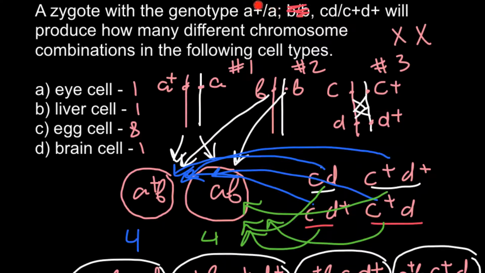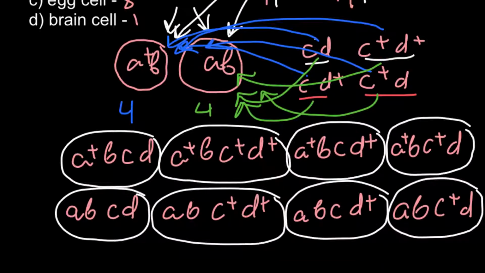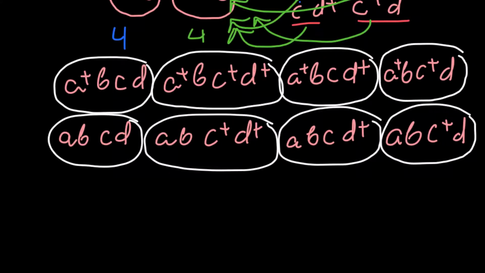So we have one heterozygote, second allelic pair that is heterozygote, and third allelic pair that is also heterozygote. So we have 3 heterozygotes here, and basically it is very easy to solve this problem mathematically. Everything we have to find out how many genes are heterozygous. We have to ignore those that is homozygous. So if we would have one gene that is heterozygous, this would produce 2 variants of the gametes.